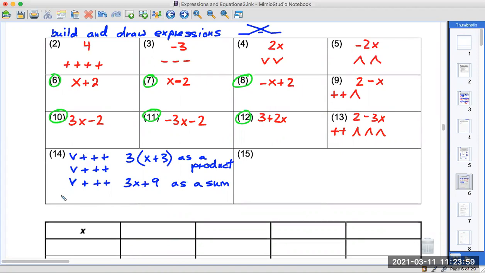So you can say that 3 times x plus 3, which is this part, is the same as or equivalent to 3x plus 9. And that is called distributive property. So this right here is how you do your homework. So you make sure you look at that on next page.